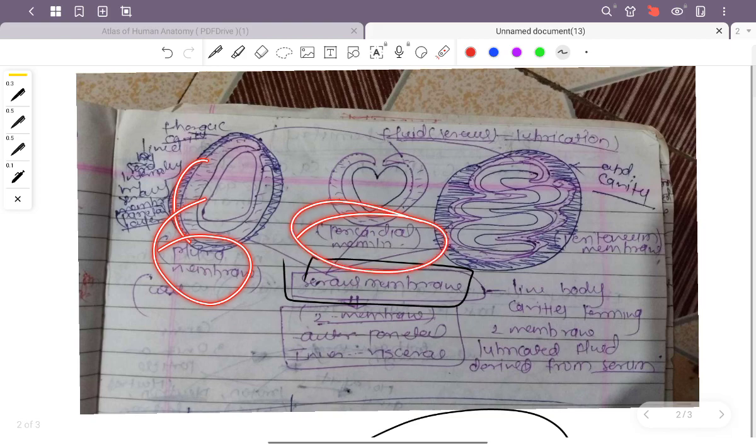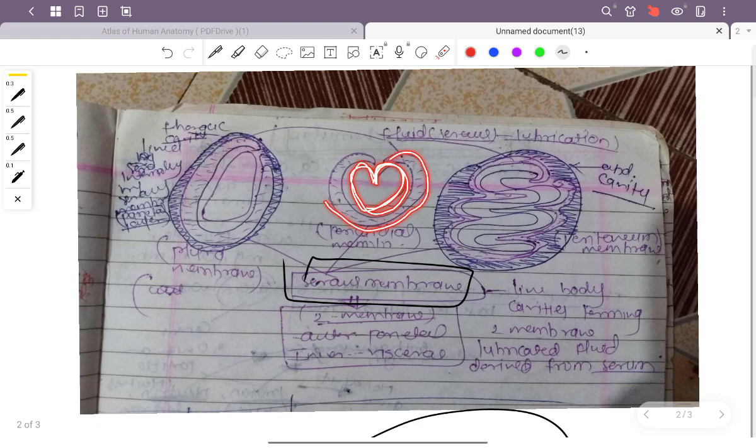The pericardial membrane is the same: it is the serous membrane covering our heart structure. When we are talking about the heart covering, we call that serous membrane the pericardial membrane. The outer layer is parietal, and the inner layer is visceral. The same applies to the abdominal area.